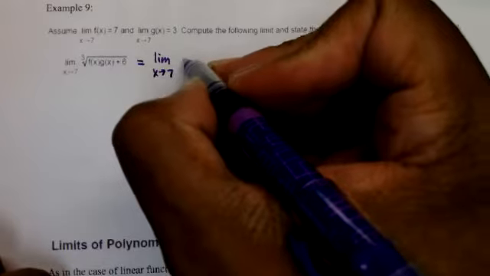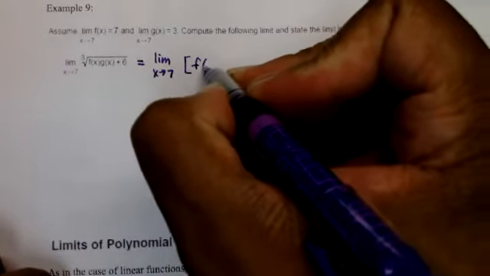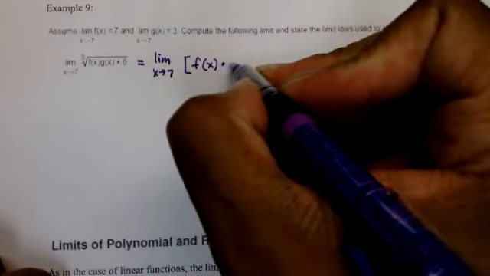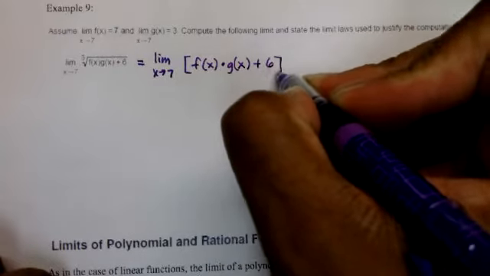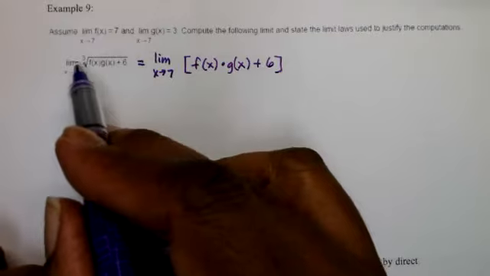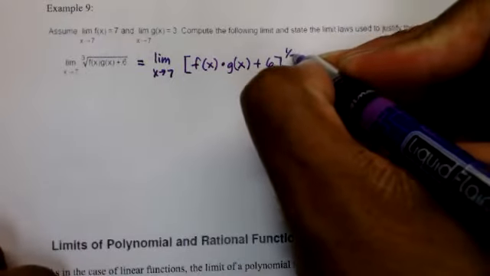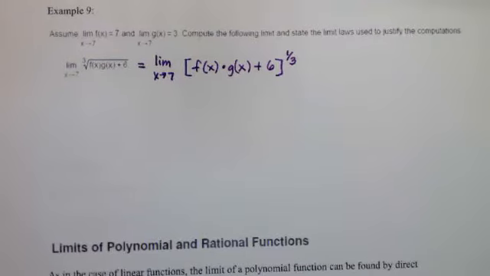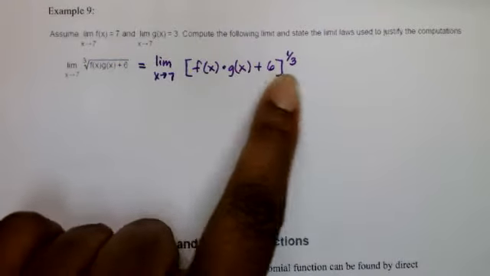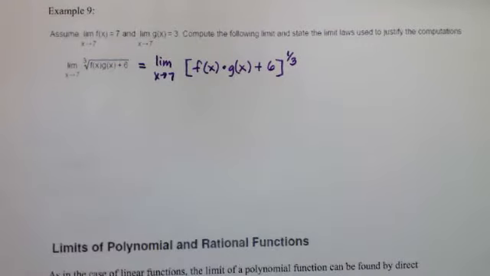And I'm going to rewrite this as f of x times g of x plus 6, and that's going to be raised to the 1/3 power because it is the cube root. So the cube root of something in exponential form will be to the 1/3 power. So what's in the bracket is going to be to the 1/3 power.